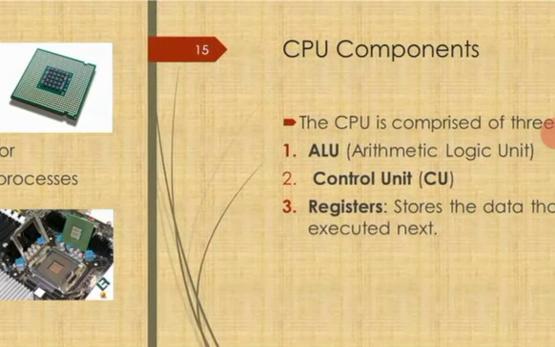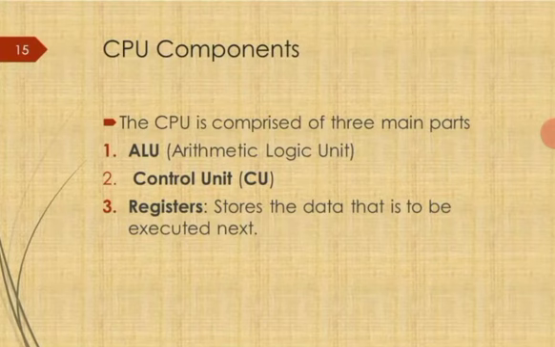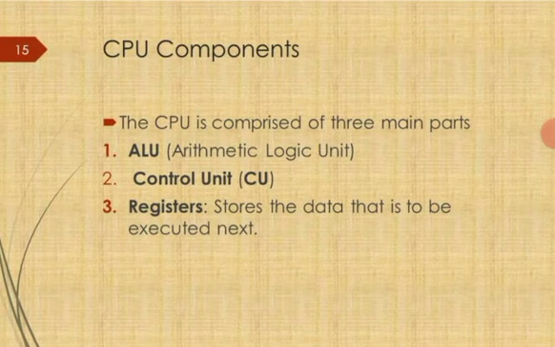The CPU is comprised of three main parts. Firstly, the ALU, which is the arithmetic and logic unit. Number two, the control unit, and then we have registers, which store the data that is to be executed next. We're going to talk about each one of these in the next slides.